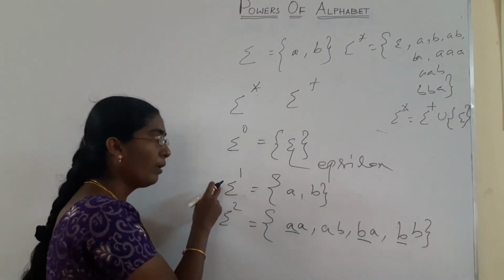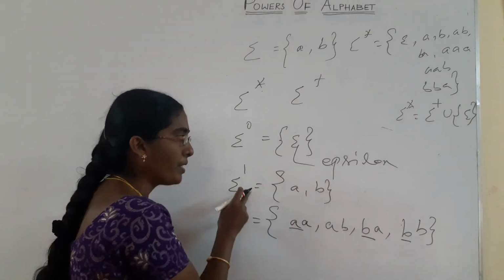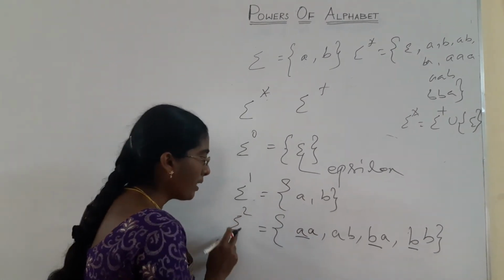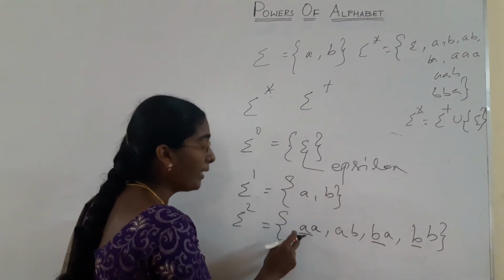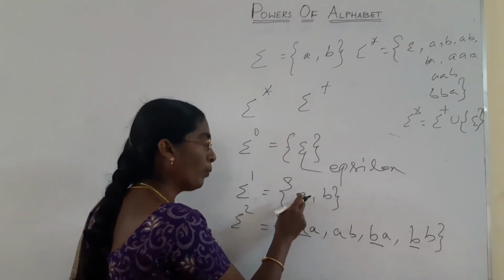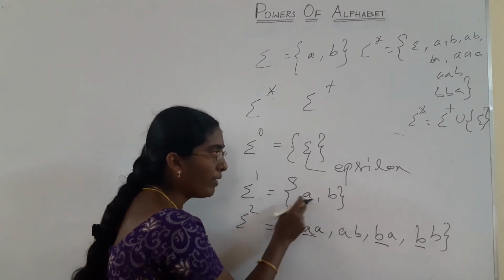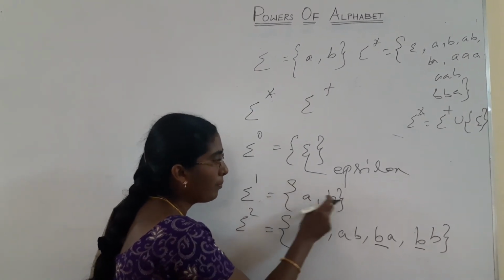Summation power 1 is the alphabet that is given, that is equal to A comma B. Summation power 2 is equal to, we have to concatenate the new symbols with the existing symbols in summation power 1. Summation power 1 is having A and B. Again we have to concatenate A and B with these symbols.